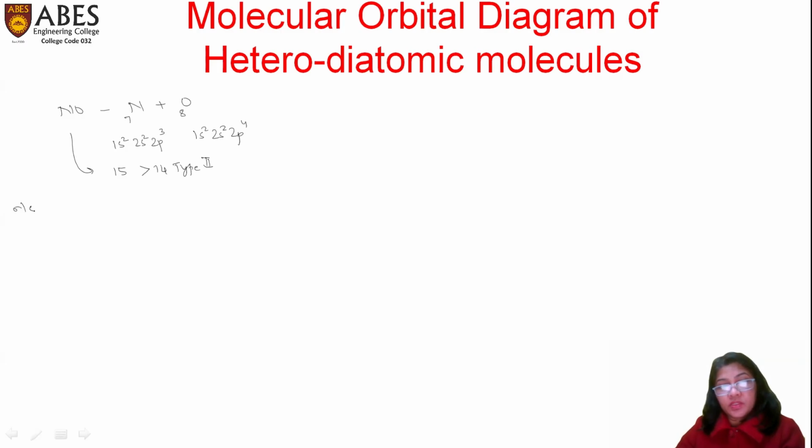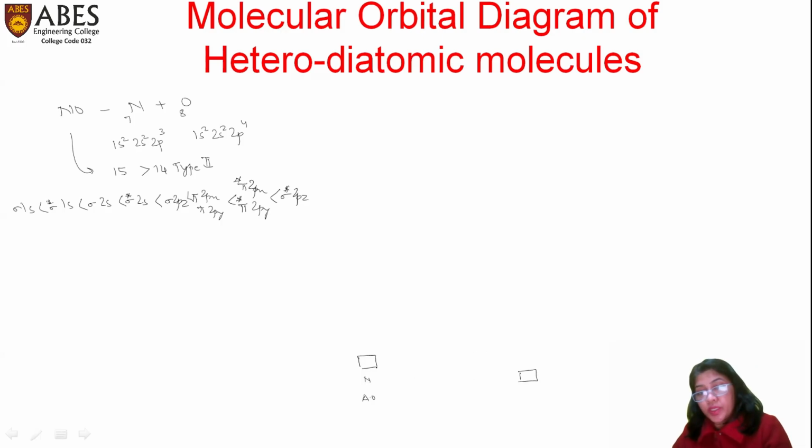The configuration for type 2 is sigma 1s, sigma star 1s, sigma 2s, sigma star 2s, sigma 2pz, pi 2px, pi 2py, pi star 2px, pi star 2py, sigma star 2pz. While preparing the molecular orbital diagram, we have to take care that this is the atomic orbital of nitrogen and this is the atomic orbital of oxygen.